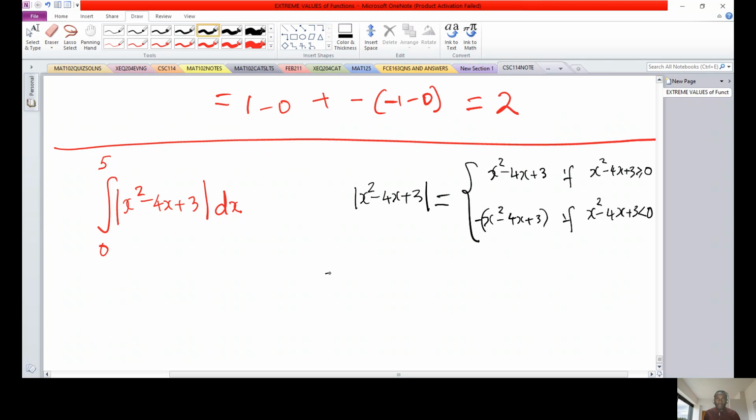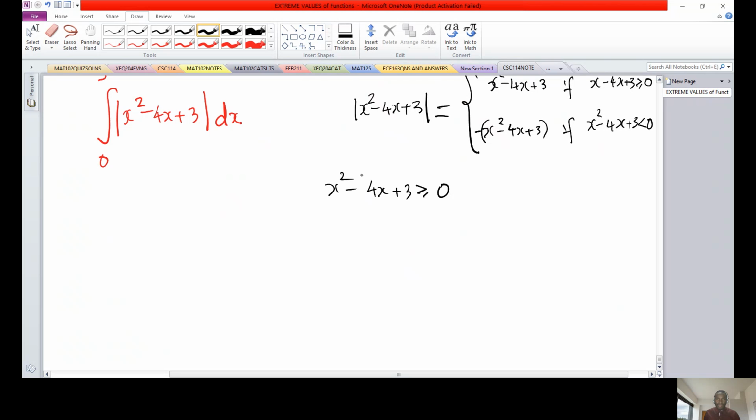So now let's see, x squared minus 4x plus 3 greater than or equal to 0, to see on which limits this first formula will apply. You see that these are quadratic expressions. So the product is 3, the sum is minus 4, the numbers are -1 and -3.